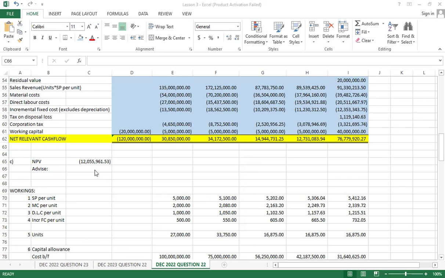So that is true. When your NPV is negative, then the project is not viable, of course, because of the negative NPV, and that is it.